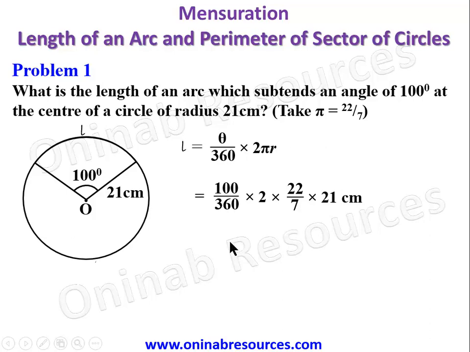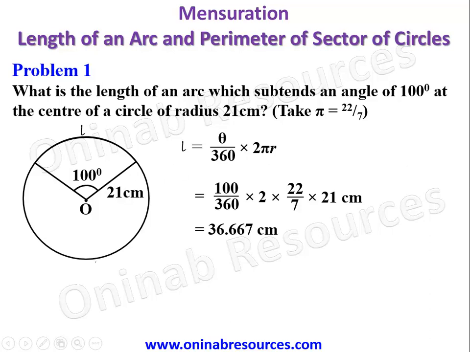From our calculator we can have it as 36.66666, and to 3 decimal places we leave it as 36.667 centimeters, which gives the length of this arc represented in the diagram shown here. Then we are done with problem 1.